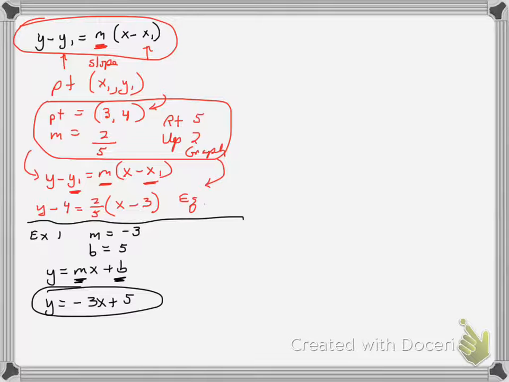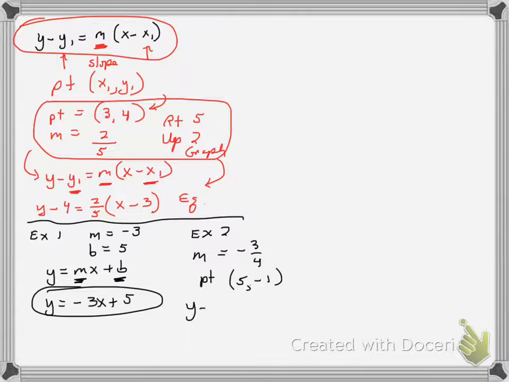Now, example 2. It says write an equation of the line with slope equals -3/4, and the point 5, -1 is on the line. So a point on the line is 5, -1. So I have to identify which is the proper equation to use, and in this case it would not be slope-intercept because I don't have the y-intercept, but I have a point.